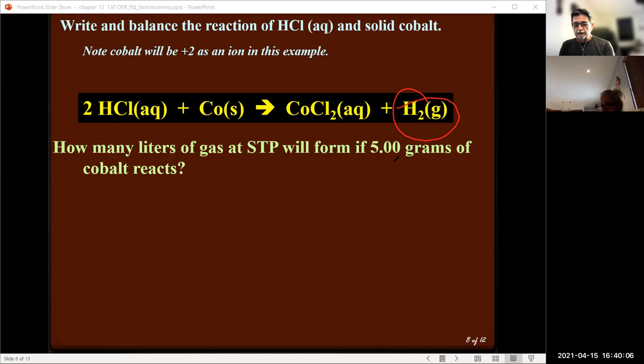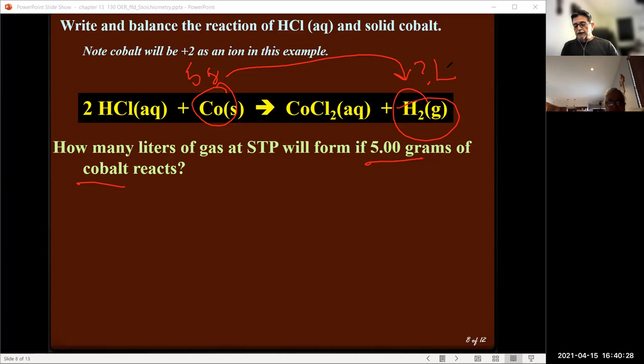And then they say, if you took 5 grams of cobalt and reacted. So we're talking about 5 grams of cobalt, how many liters am I going to make? So I put that down myself so I can keep track of where I'm going, what I'm doing.